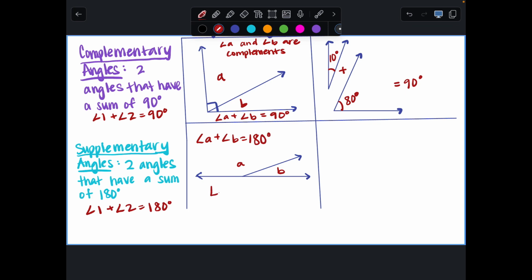This is also called a linear pair. Two adjacent angles that form a line are a linear pair.